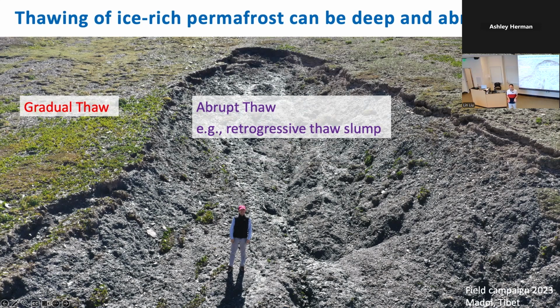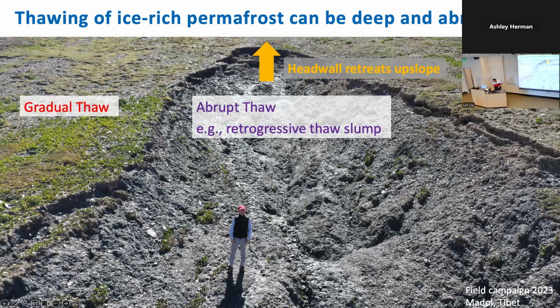This is literally a landslide in frozen ground, because of melting of ground ice the slope becomes unstable and collapses. It's called a retrogressive thaw slump. Retrogressive means that the head wall, in this case about 2 meters high, is retreating upslope every year. That's different from a typical landslide.